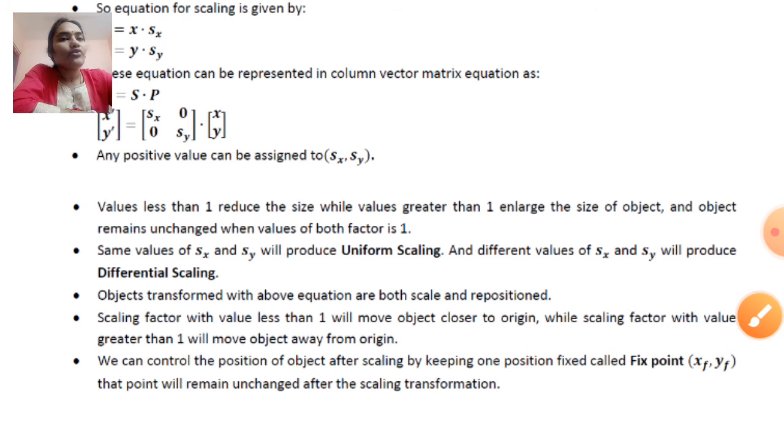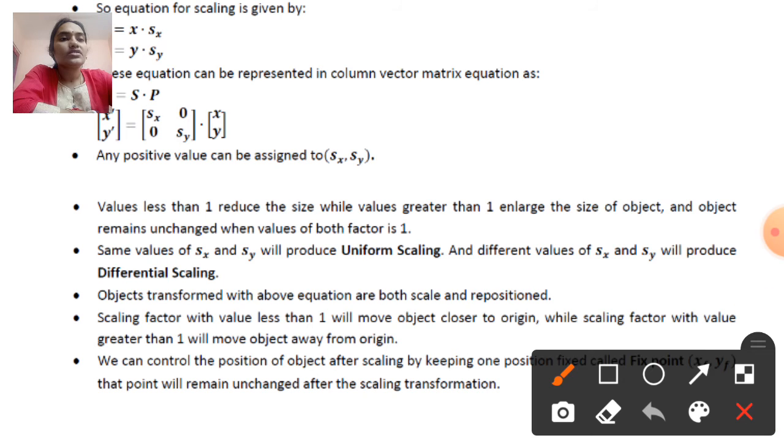Some values of Sx and Sy will produce uniform scaling. All of you remember this clearly. Same values of Sx and Sy will produce uniform scaling, and different values of Sx and Sy will produce differential scaling.